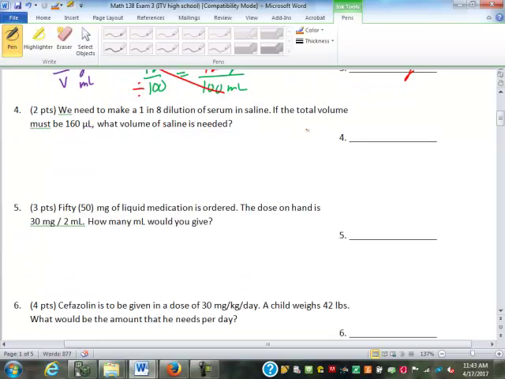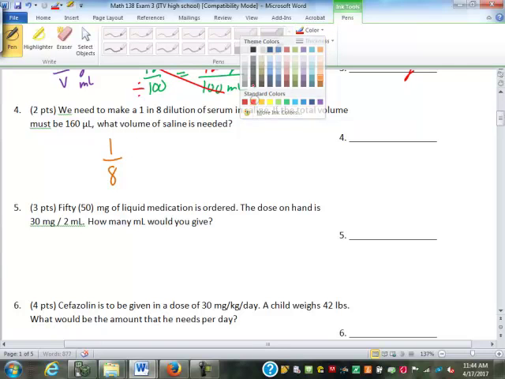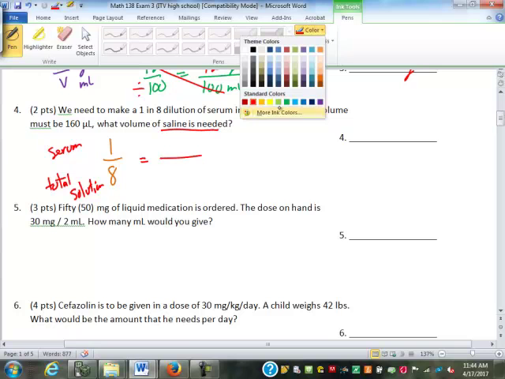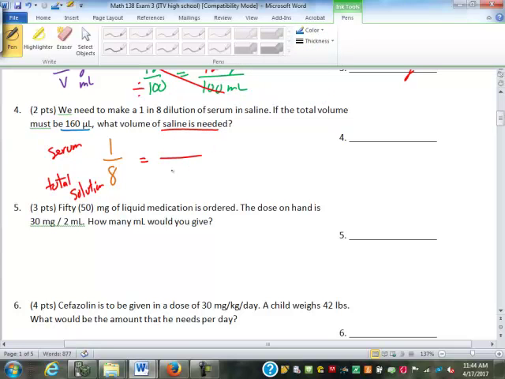So next we need to make a 1:8 dilution of serum in saline. So 1:8, again the 1 is our serum, 8 is our total solution. What volume of saline is needed? We need to make 160 microliters. That's total volume, so that's going to go with the 8.